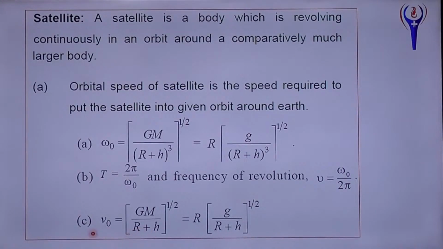Orbital velocity of a satellite equal to √(GM by (R plus H)). G is the gravitational constant, M is the mass of the Earth, R is the radius of the Earth, H is the height of the satellite from the Earth's surface. And small g is the acceleration due to gravity of the Earth if the satellite revolves around the Earth.